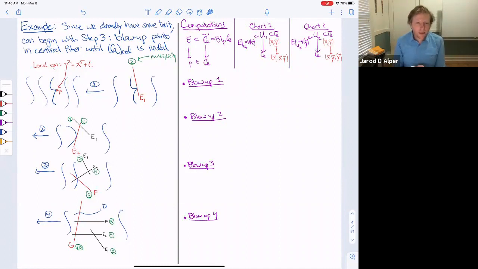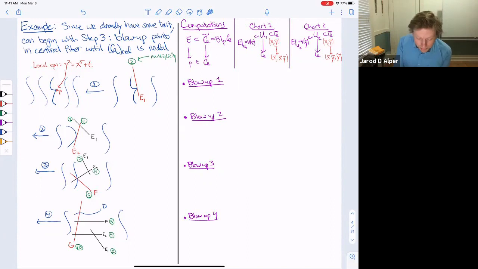These calculations can be quite involved, and they're often best done on your own and very difficult to do at the blackboard. So I've already written down the pictures nicely on the left-hand side, and I'll try to show you how the computations work on the right-hand side.